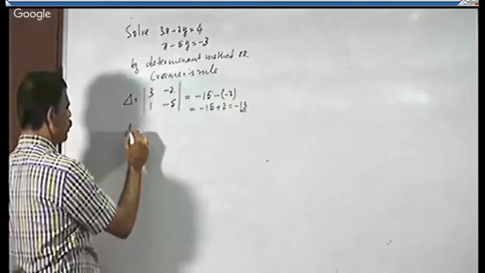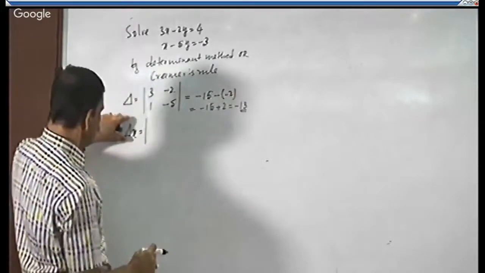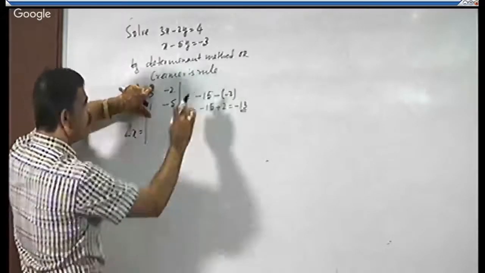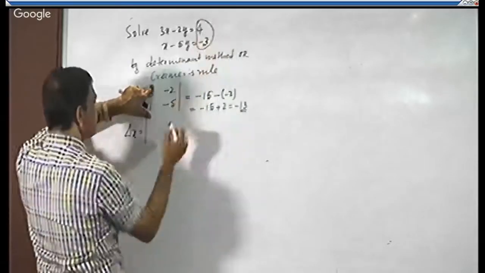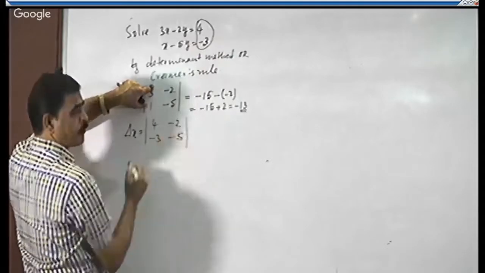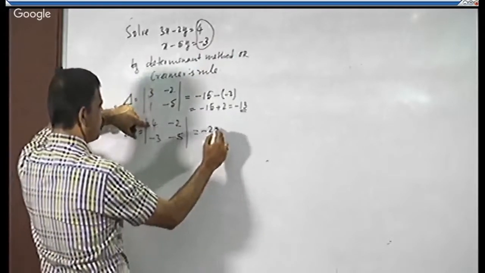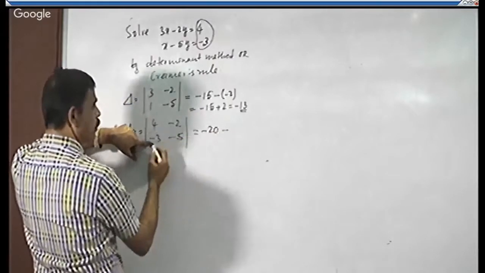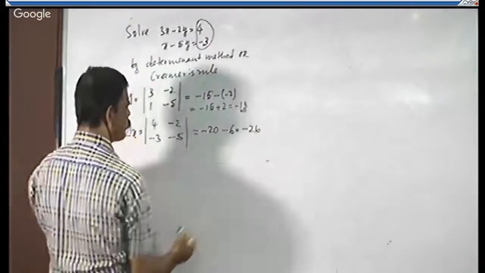Then write delta x. As I told earlier, while writing delta x, replace the x coefficients by constants. Which are the constants? 4 and minus 3. 4, minus 3, minus 2, minus 5. Right? 4 into minus 5 is minus 20, formula minus, take the product of these two, minus into minus is plus, 3 twos are 6. It is equal to minus 26.